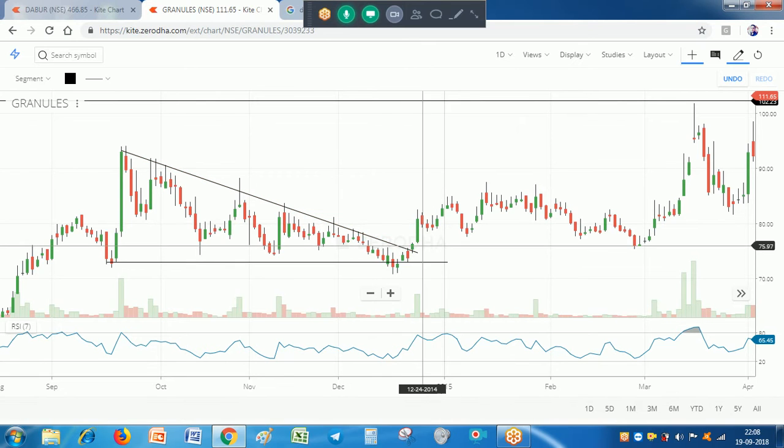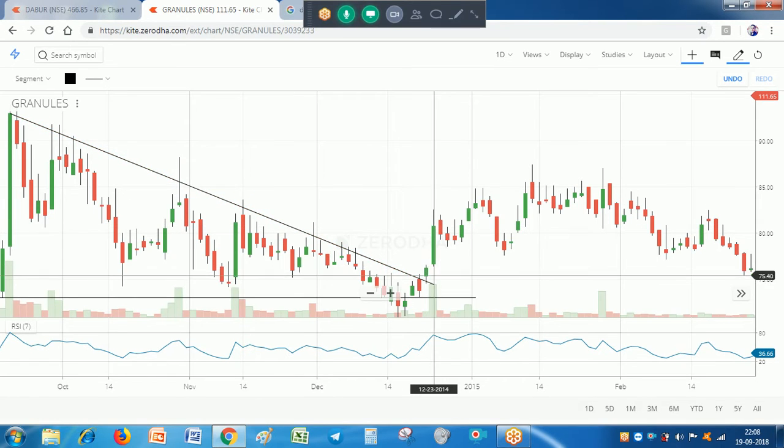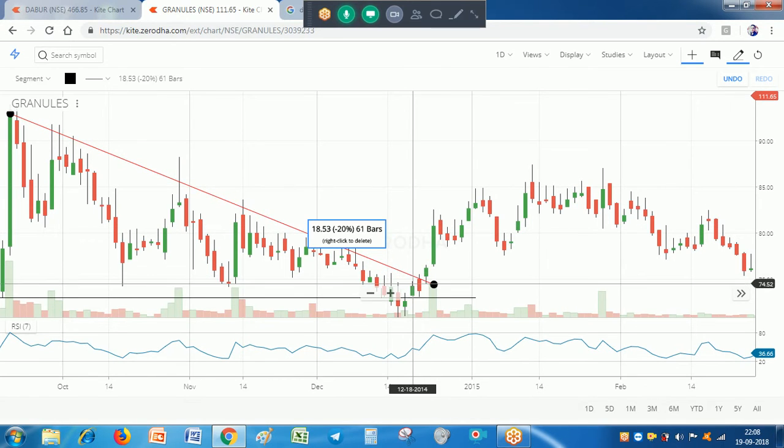Okay, so here is a breakout. This candle is a breakout. Even this candle, 1 minute. At this candle, stock has given a breakout upside.